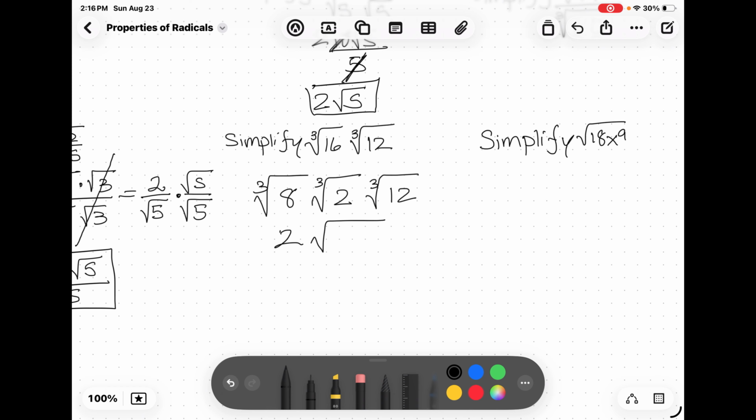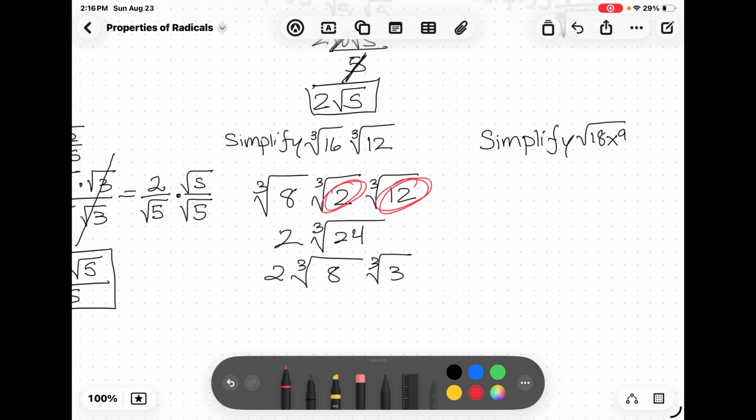So what if I said 2 times 12 is 24? And I've got cube root of 24. Oh, well then I can factor the 24 now to 8 times 3. Now somebody might have recognized up here that I had a 4. 4 times 3 is 12, and a 2. 4 times 2 is 8.